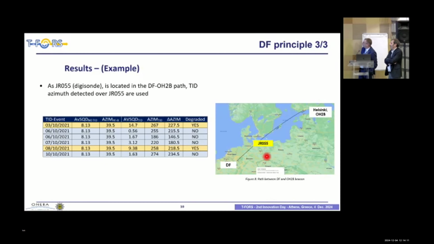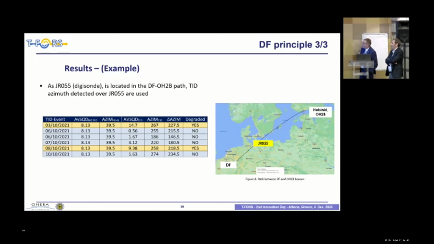We say a normal azimuth to the transmitter, which you can see here, is 39 degrees. And we calculated then a squared difference. If the squared difference is very high, then this is an indicator of a TID.